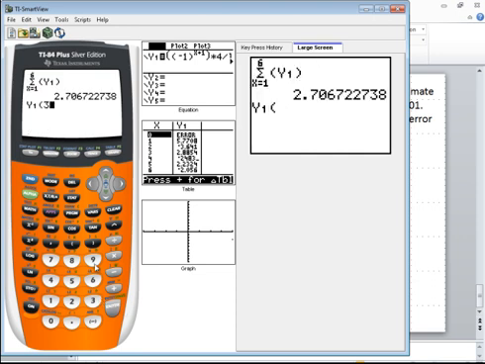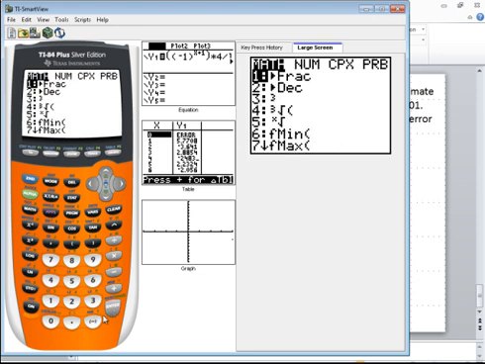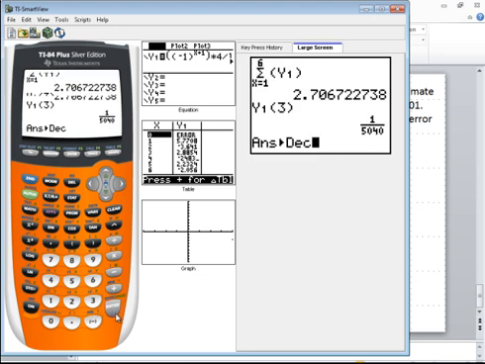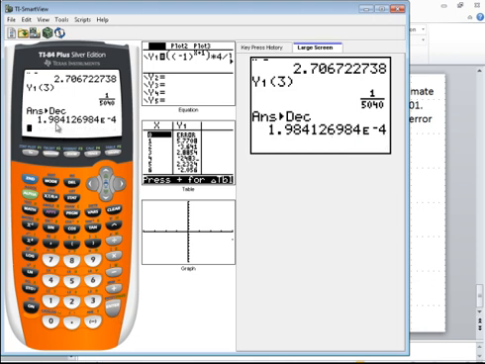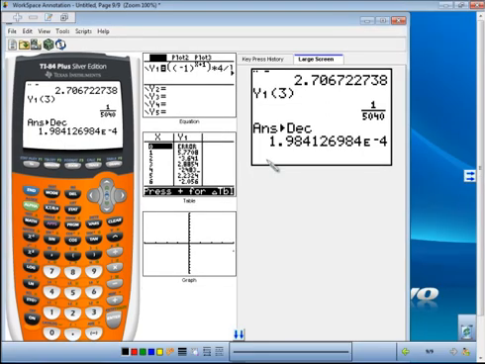So I'm going to say calculate substitute 3 into y1, and I want the decimals. Okay. So notice that the third term is -4, so the third term is going to be 1.984, and then we're going to move the decimal 4 times. So remember, we wanted an error of less than 0.001.